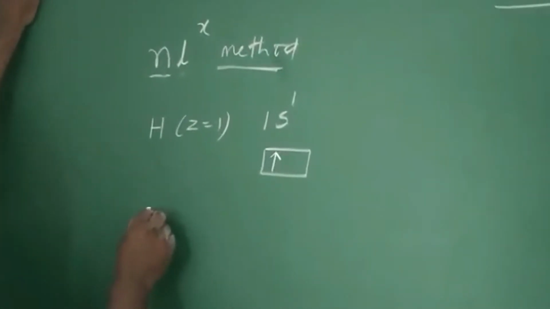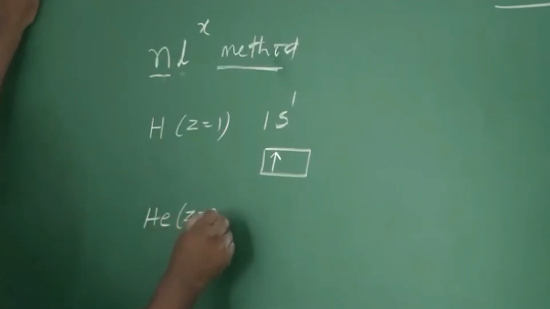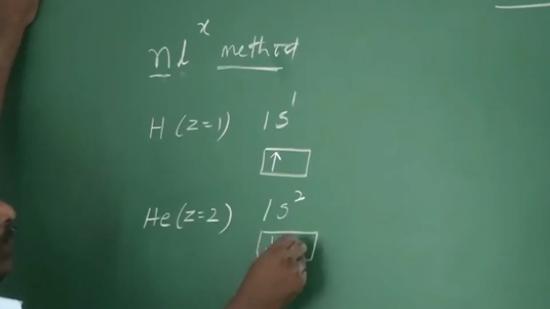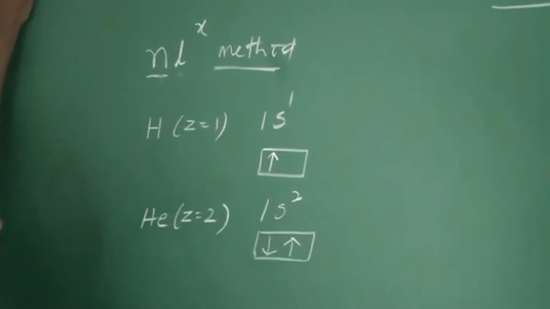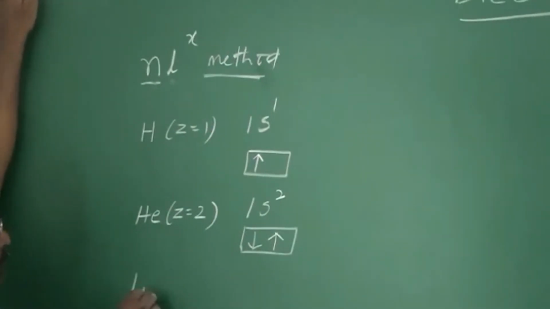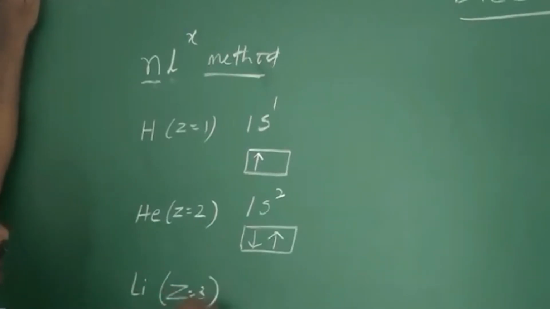Now let us take helium. Helium's atomic number is 2. So the electronic configuration is 1s2. That means in the first energy level, in the s sub-orbital, you have 2 electrons, one with clockwise spin and the other with anti-clockwise spin. Similarly, lithium's atomic number is 3. So its electronic configuration is 1s2, 2s1.